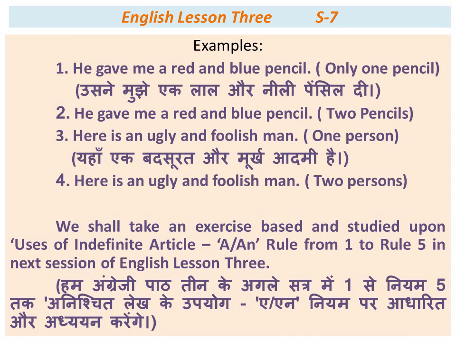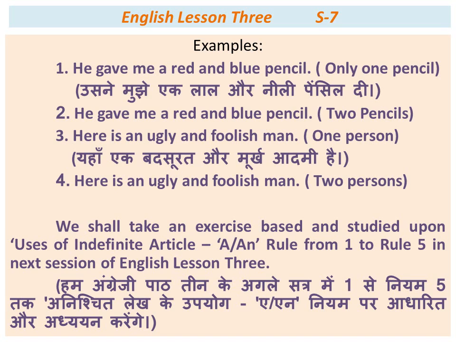So friends, in English lesson 3, in the earlier slide 6, we studied rule 5 with points A and B. According to rule 5, we have given examples here to understand it better.